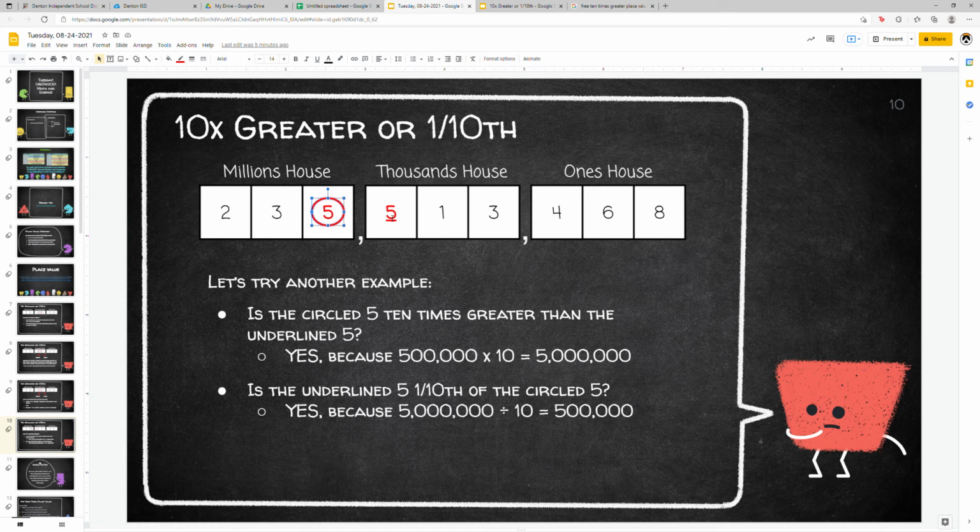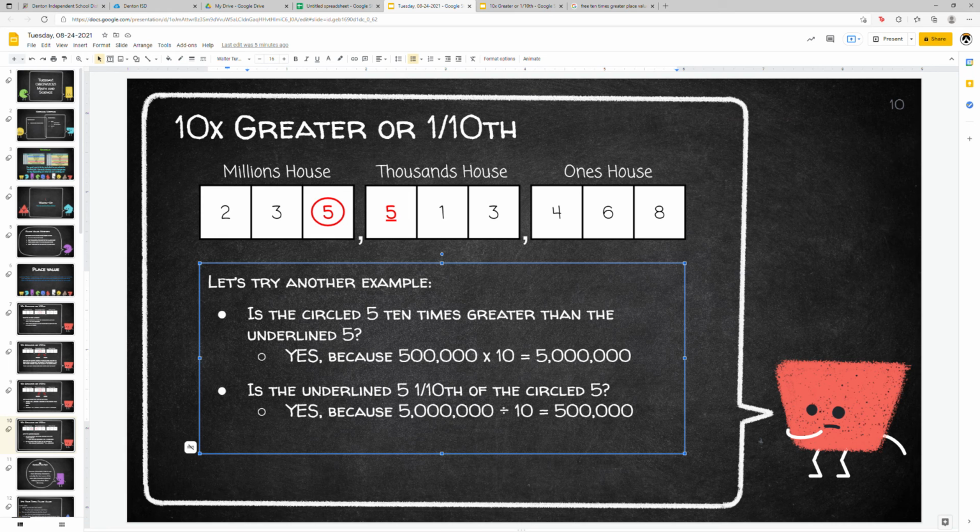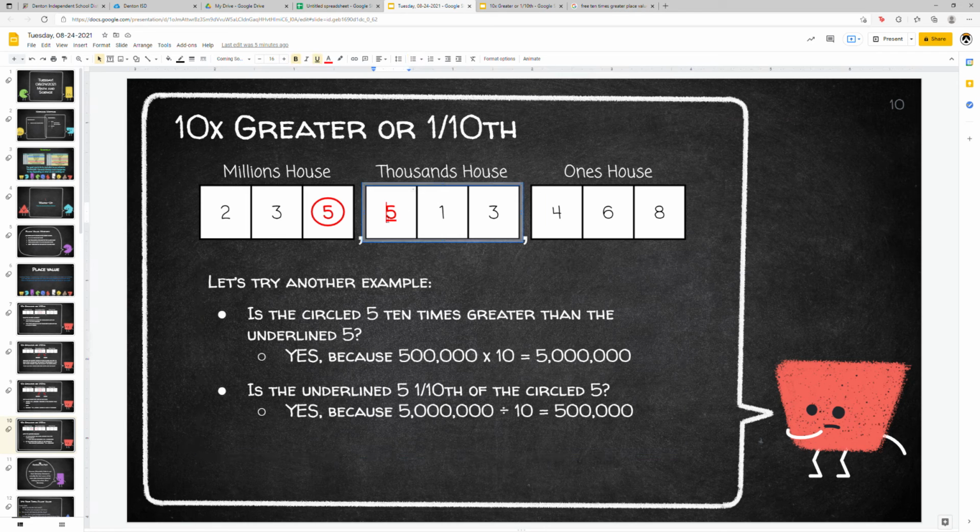Yes, because if I take that underlined 5, which has a value of 500,000, and multiplied it by 10, I would get 5 million. So yes, the circled 5 is 10 times greater than that underlined 5. And of course, inversely of that, the underlined 5 is 1/10 of the circled 5. That's true because 5 million divided by 10 is 500,000.